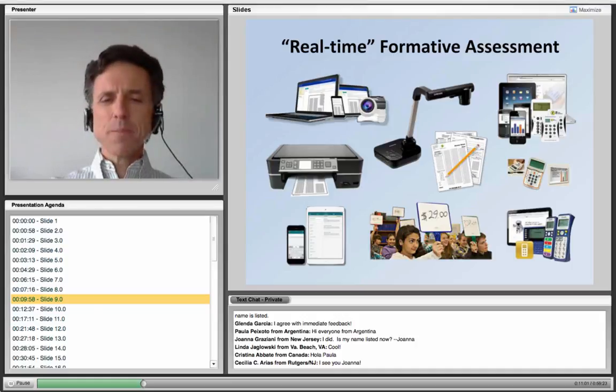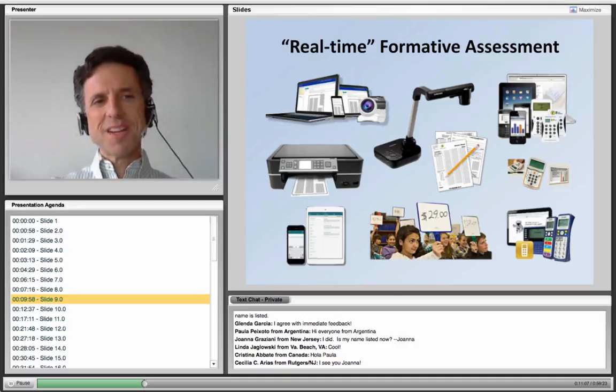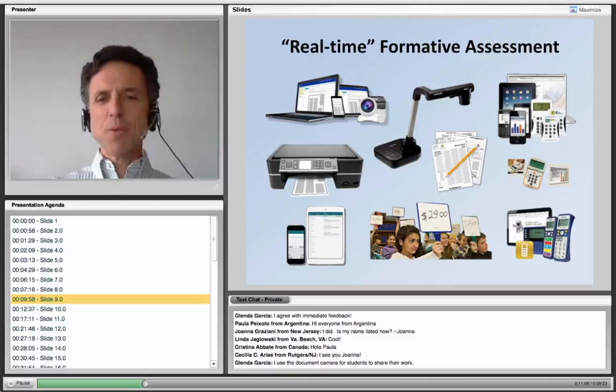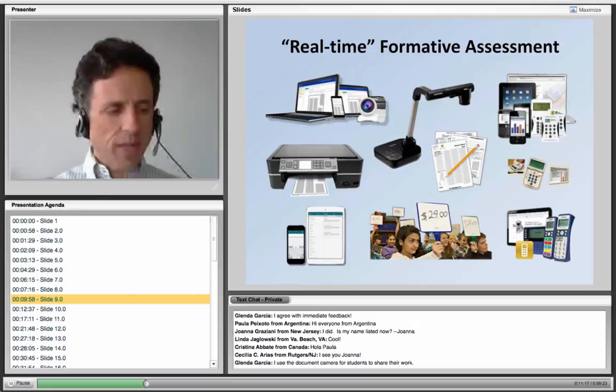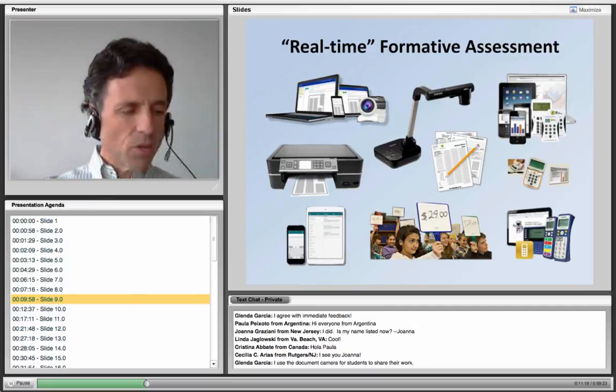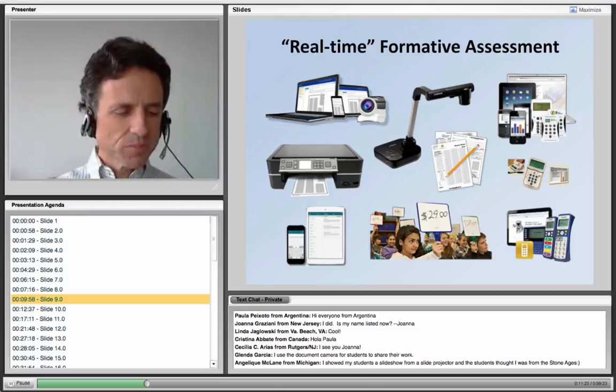So I just put it in there to illustrate that in the end, we're really talking about a spectrum all the way from something kind of low tech, writing on paper, raising your hand, all the way up to very modern technologies using wireless devices, smartphones, etc. So that's a visual to get you started.